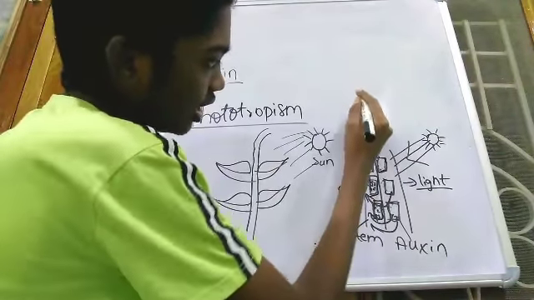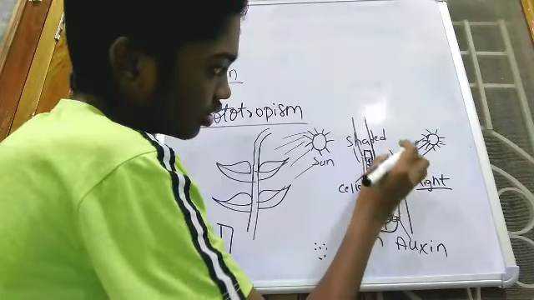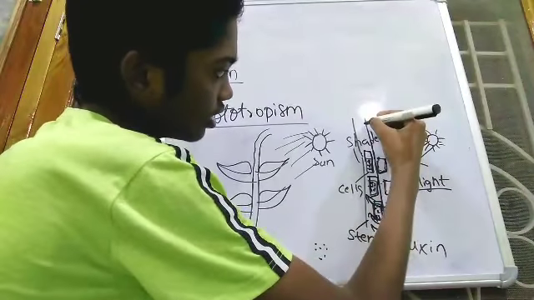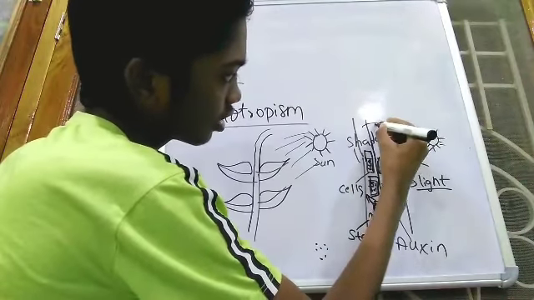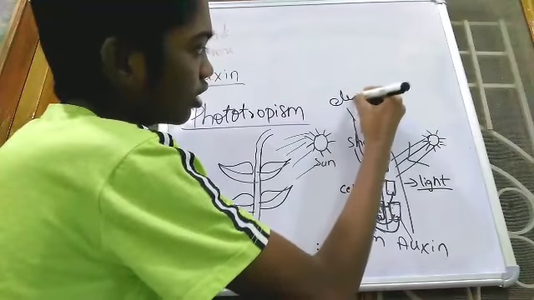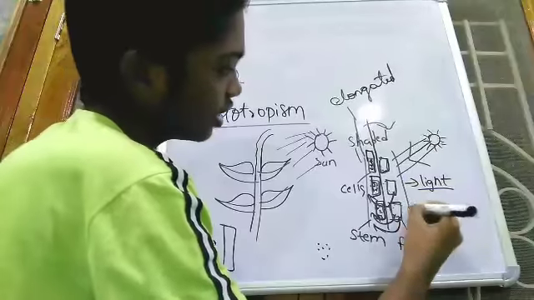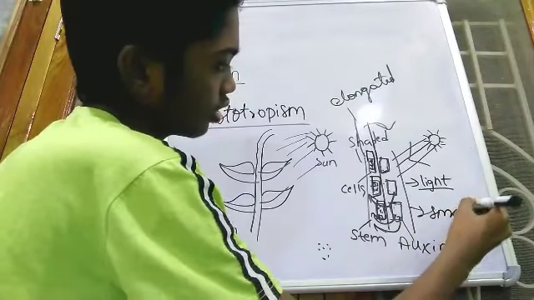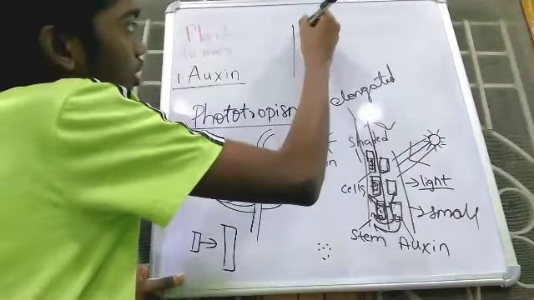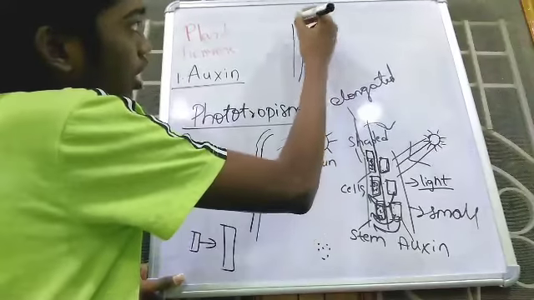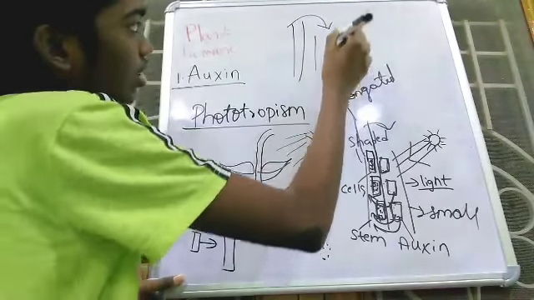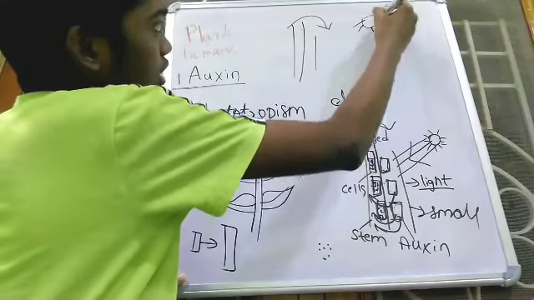Now one side is elongated and one side is small. So automatically the plant bends to this side, as here it is elongated and here it is small. If here it is elongated and here it is small, the plant will bend like this, that is towards the sunlight.